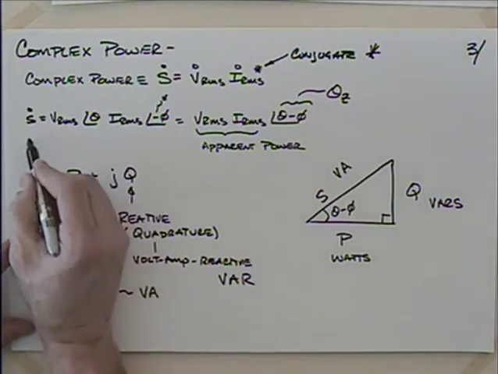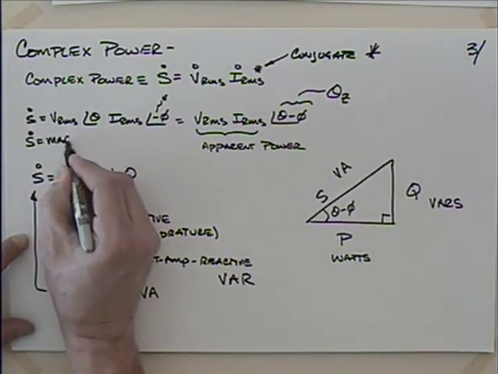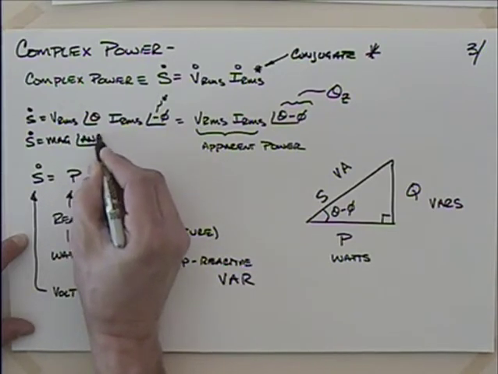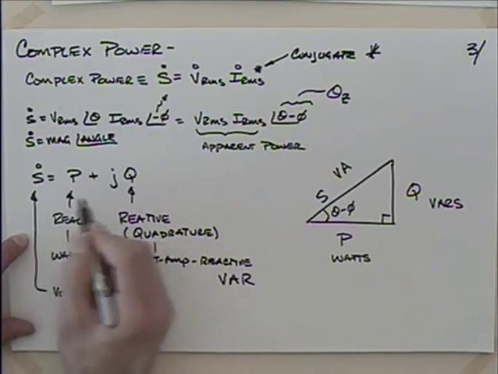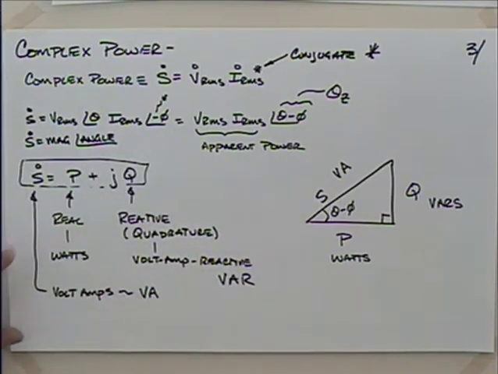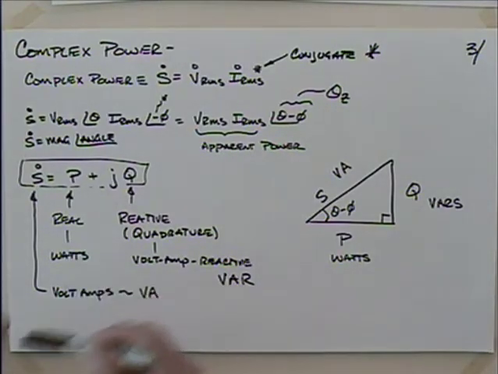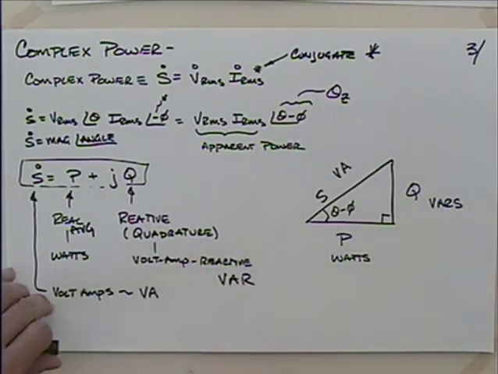Okay. Well, we could express, if we wanted to, this complex power S in a magnitude and angle form. And sometimes that's useful, but I would like to express it in a rectangular form here, where I can say that the complex power S is equal to the real portion, which is the real power, or sometimes we call that the average power.